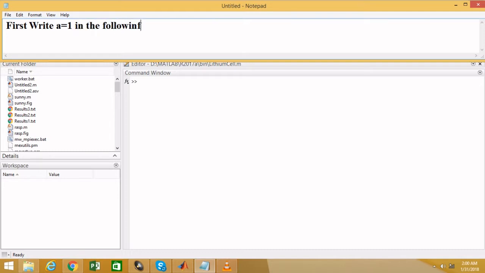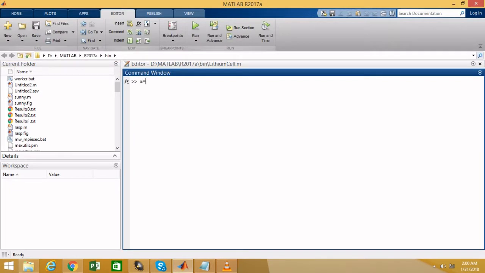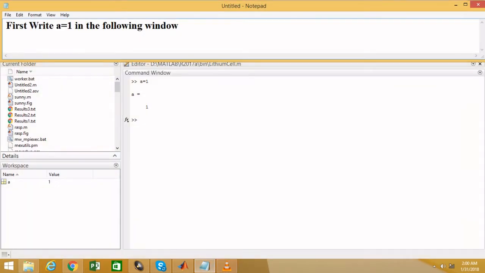First write a equals 1 in the following window. Now you can see that 1 goes into a.